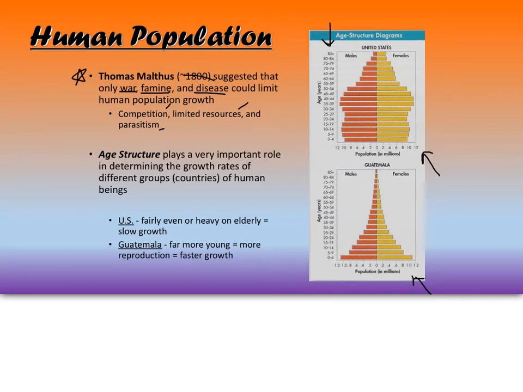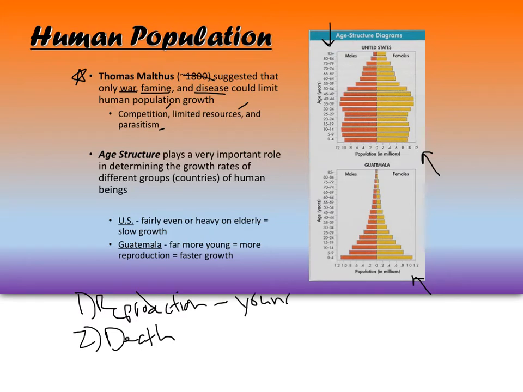Now, just glancing at an age structure diagram can tell you a couple of things. First thing, obviously, is it tells you the breakdown of those ages, but it also can tell you some things about reproduction, and it can tell you some things about death. Okay? Reproduction is a young person thing, right?